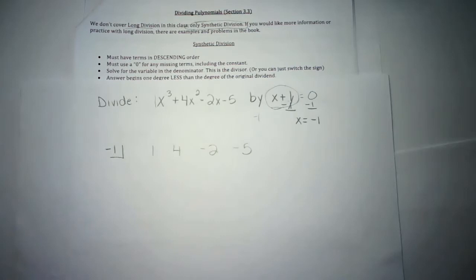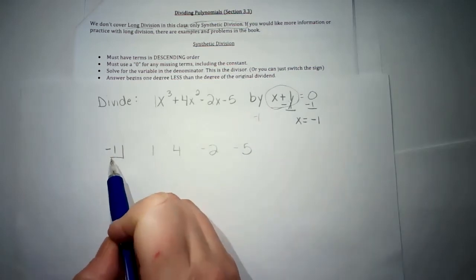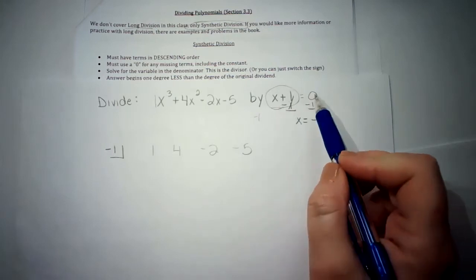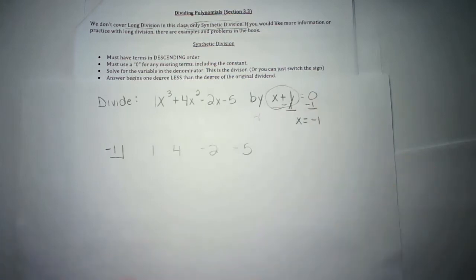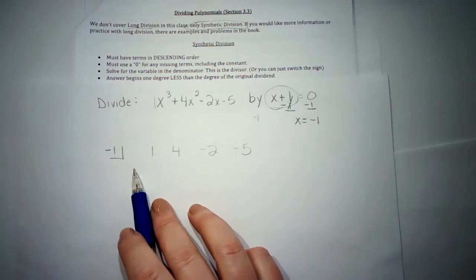So rather than using a trick, you need to think about what x is. What am I dividing by? You're dividing by whatever x is. If they tell you x equals -1, that's what you put on the shelf. If they tell you it's x plus 1, you solve for x and put that on the shelf. So you're taking whatever x is equal to and putting it there. Is that okay with everybody on what goes on the shelf there?